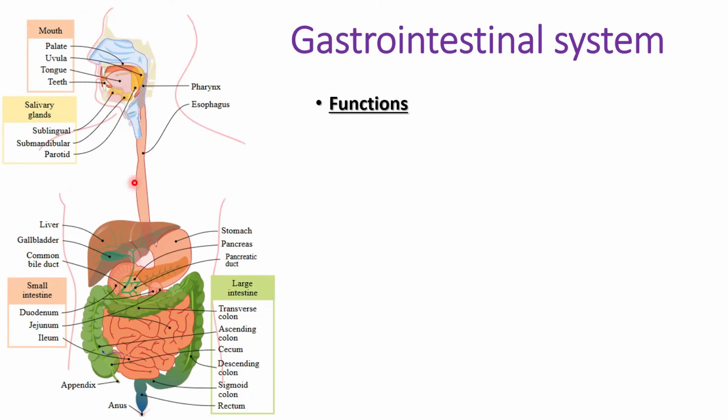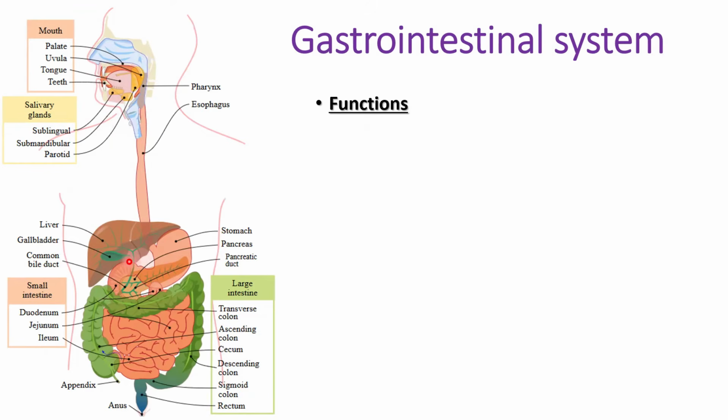Then you'll have the liver, the gallbladder, and the pancreas, releasing their secretions into the duodenum to enhance digestion. So that's the function of the glands of the GIT.